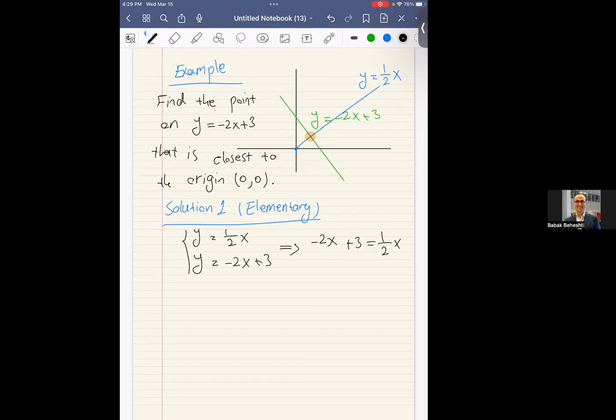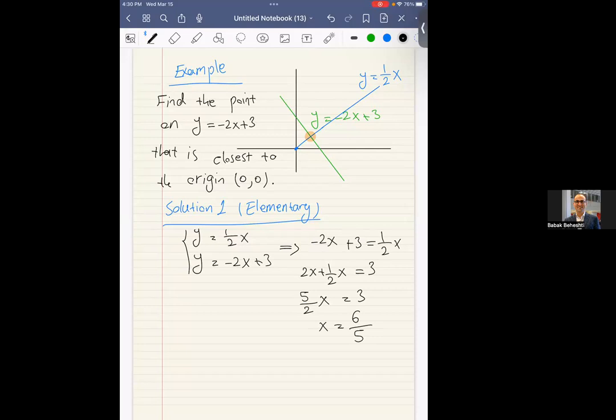That means 2x plus 1/2 x must be equal to 3. So 5/2 x is 3, which means x must be 6/5.